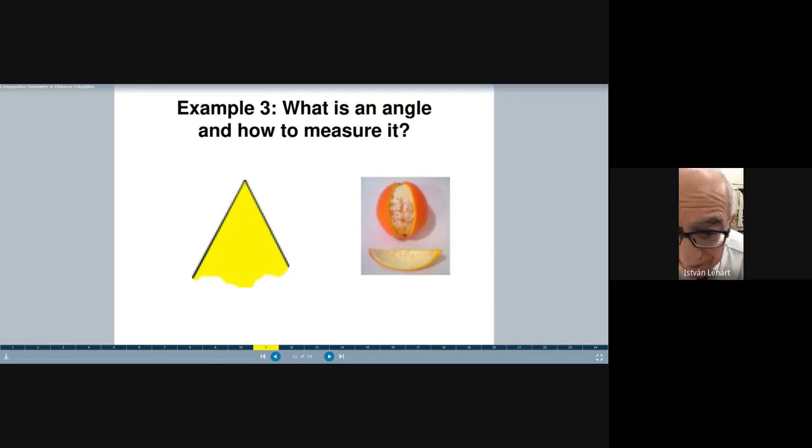I walked over all Hungary and in a lot of foreign countries, and I asked a lot of teachers, what is an angle? What is an angle? In most cases, total silence. Nobody really understood what is an angle. Of course, you have such a definition in three-dimensional geometry.